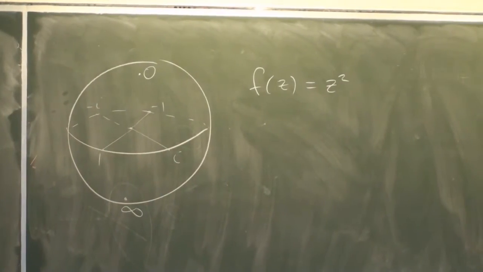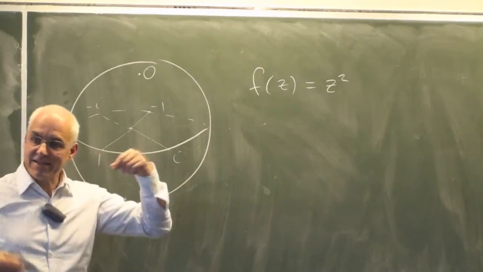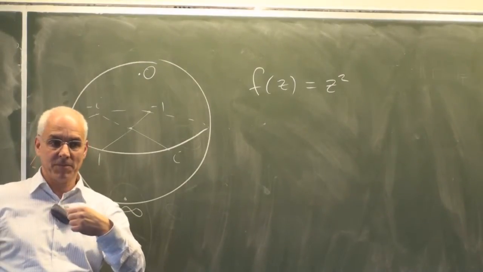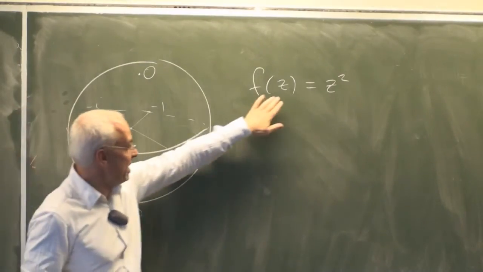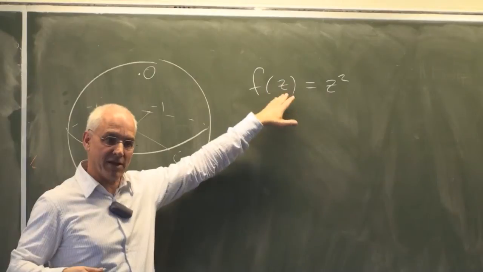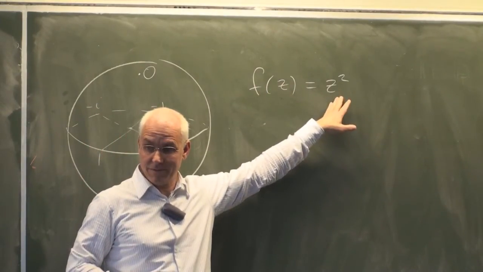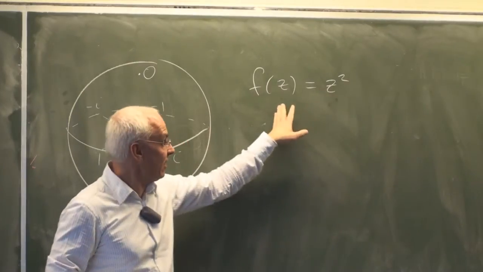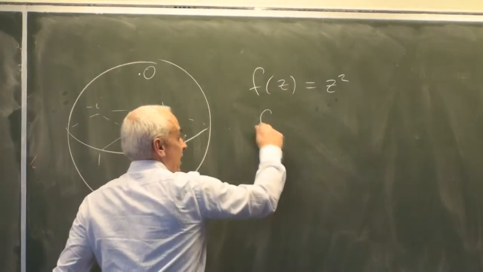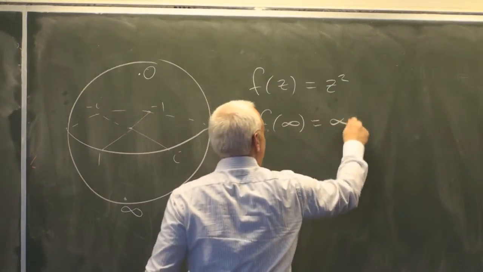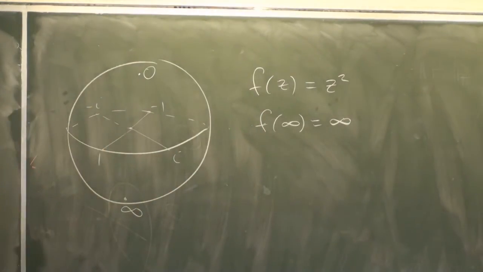That's a function from the complex plane to the complex plane. And it has the additional property that it's actually extendable to infinity. If you take a very big complex number and you plug it into this function, you're going to get another very big complex number as output. So infinity is naturally sent to infinity. In other words, this function extends to a continuous function from the Riemann sphere to itself.